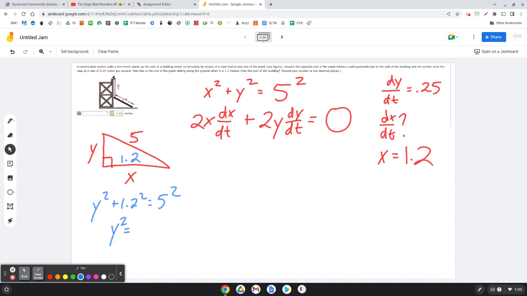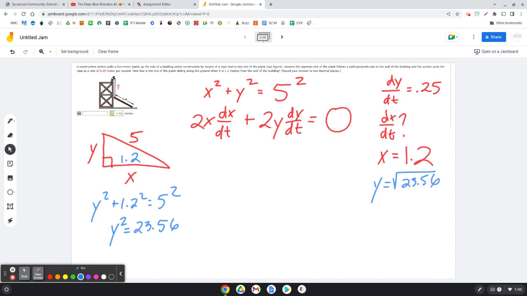I guess the easier way to say it would be 23.56. What's the square root of that? 4.85386. That's just an easier form. So y is radical 23.56.